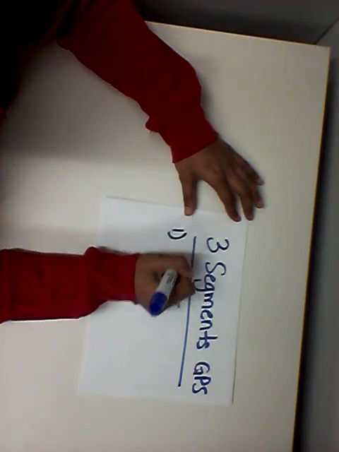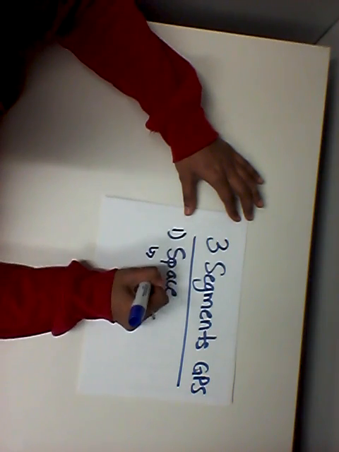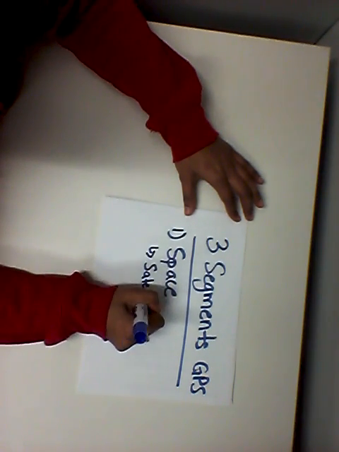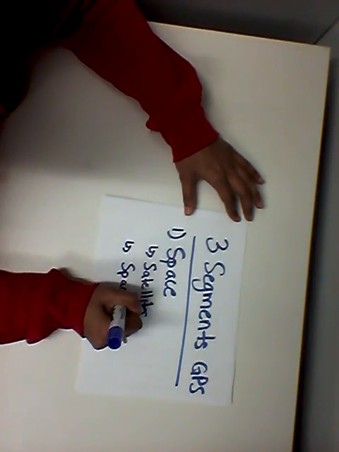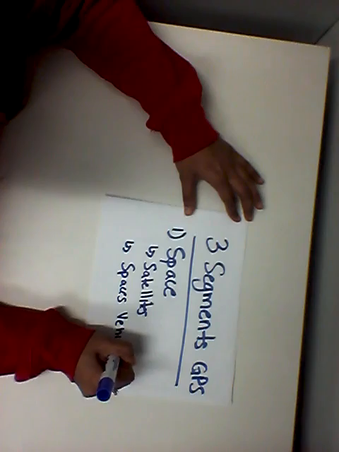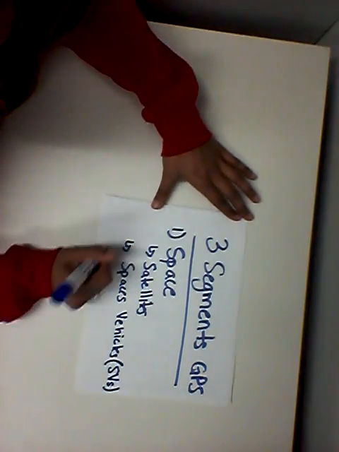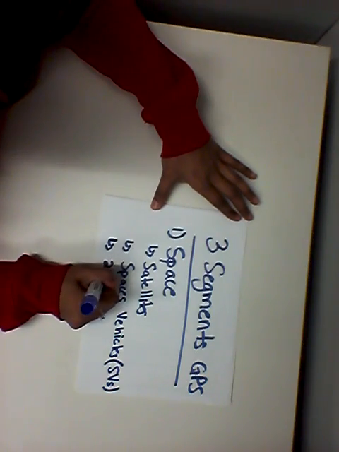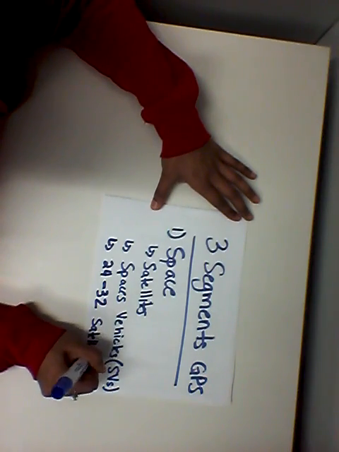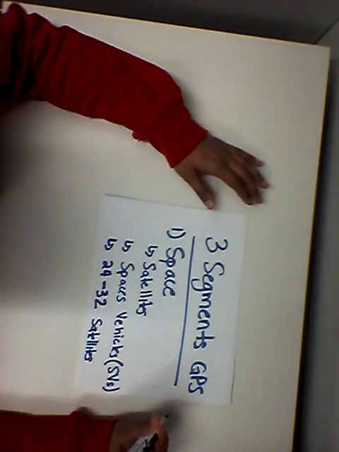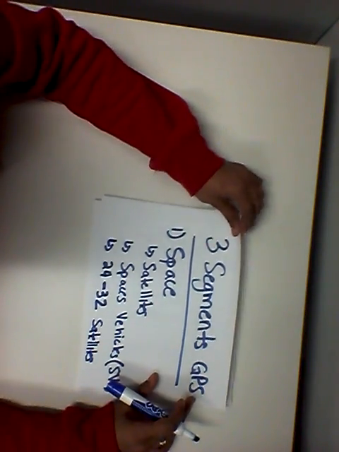So number 1 is the space segment, which is known as the satellites or the space vehicles, which we will also be calling SVs. There are 24 to 32 satellites that orbit the Earth in a specific pattern, and this is called a constellation.